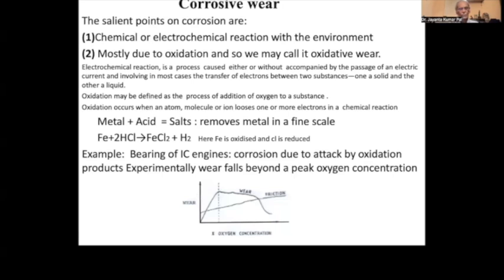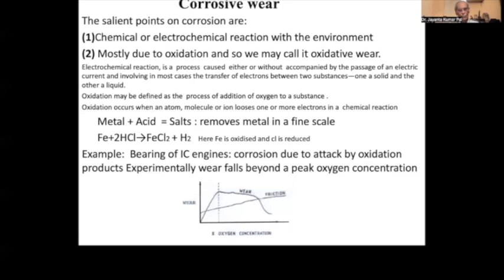Say, for example, if we take a metal and acid, and then we have a salt. And this way, metal is taken away very slowly, but surely, over a long period of time, the metal is worn away. Take, for example, Fe plus 2HCl gives FeCl2 plus H2. Here, Fe is oxidized and hydrogen is reduced.